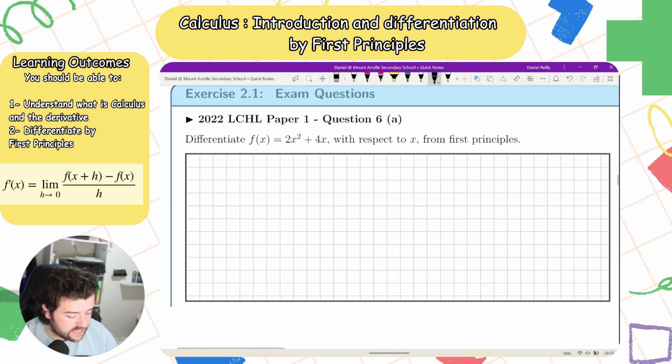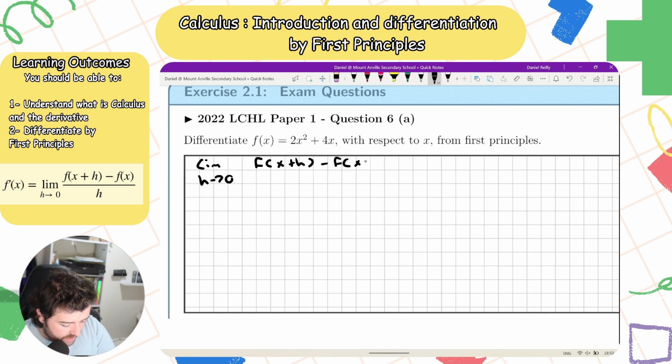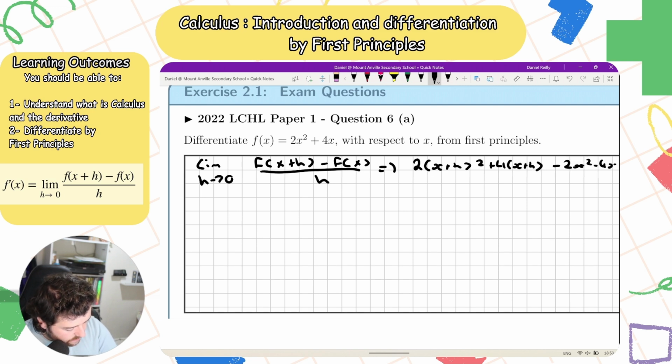Let's just look at one exam question here. This came from 2022. I think as I'm recording this video, the last time it came up was 2024, so it seems to be coming up every 2 years. Differentiate f of x equals 2x squared plus 4x with respect to x from first principles. So the limit as h goes to 0 of f of x plus h minus f of x, all over h, is equal to 2 times x plus h squared plus 4 times x plus h minus 2x squared minus 4x, all over h.